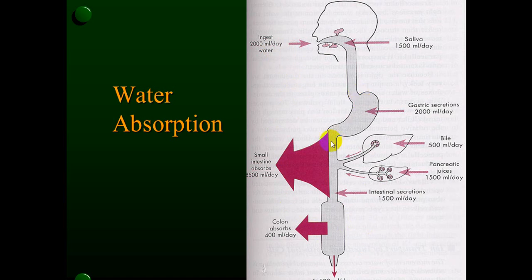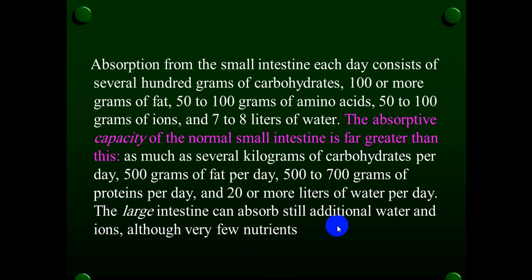So the absorption process mainly will occur in the small intestine and the remaining fluid will be reabsorbed by the colon. Again, the small intestine can absorb monosaccharide, amino acid, fatty acid, these items per day.